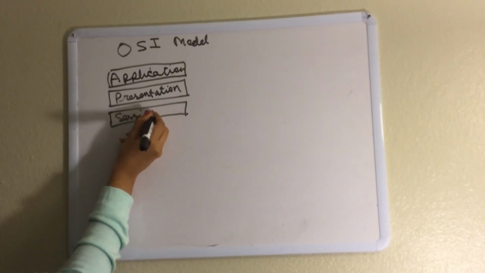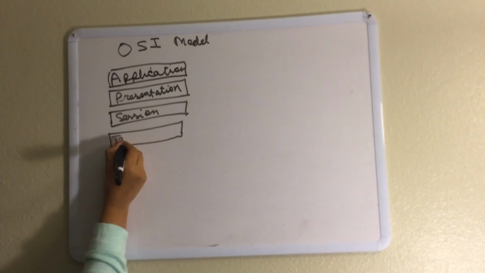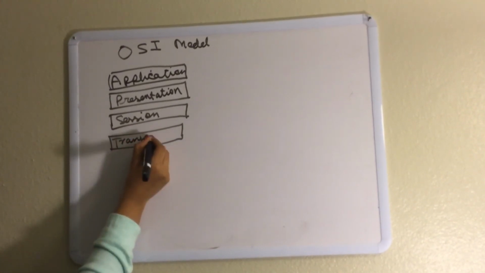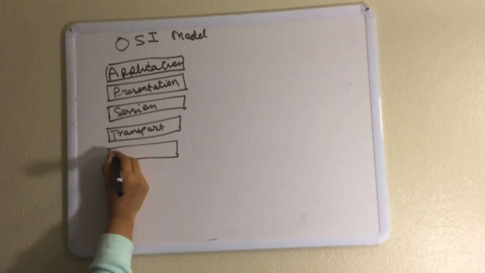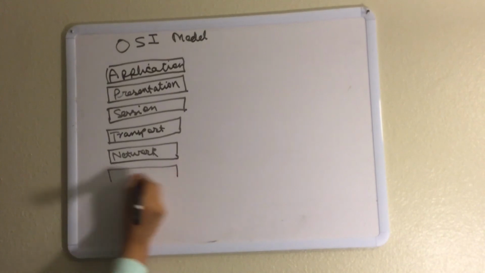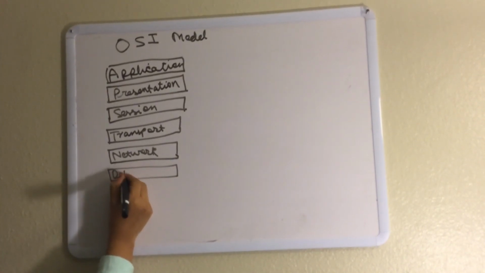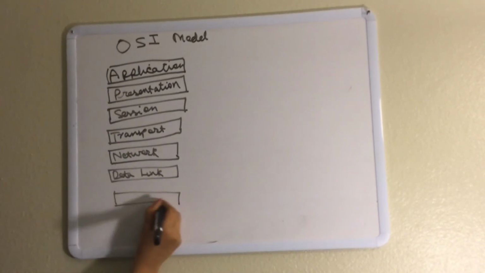Then it is session layer. Then it's transport layer. Then it's network layer. Then it's data link. And right at the end, it is physical.